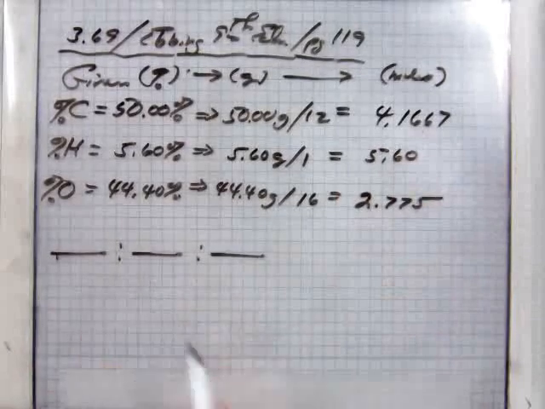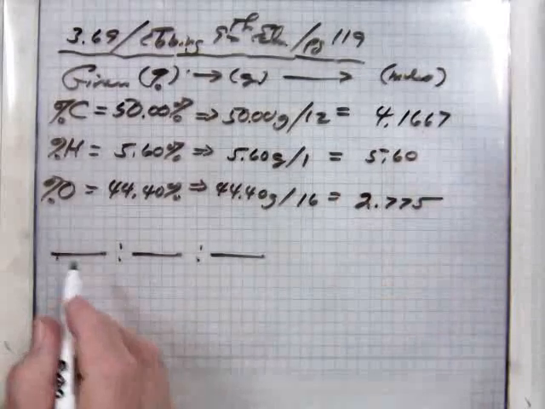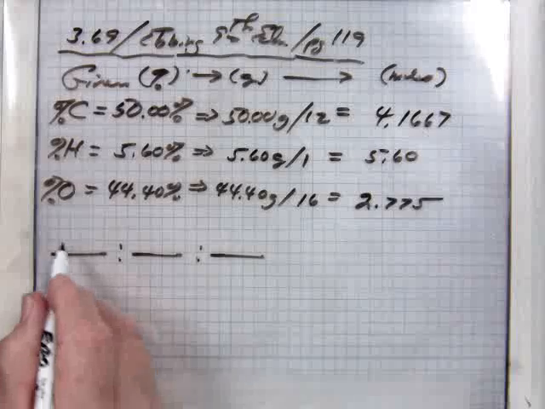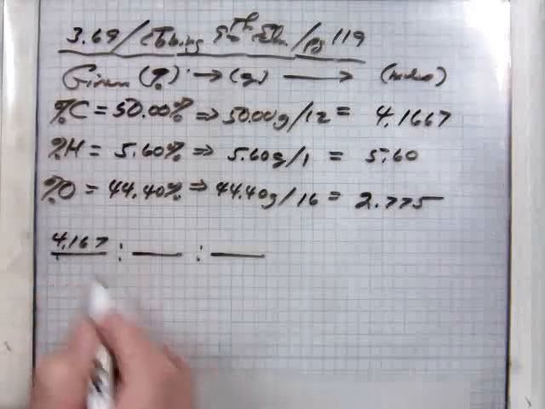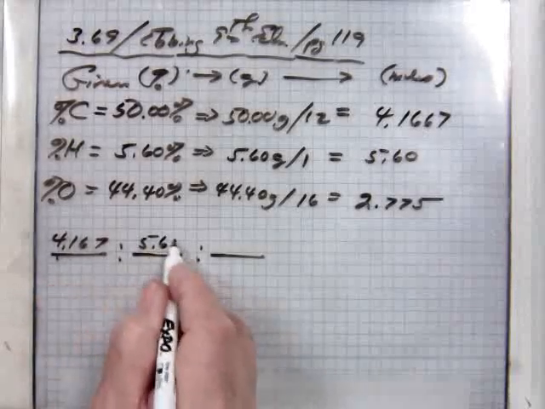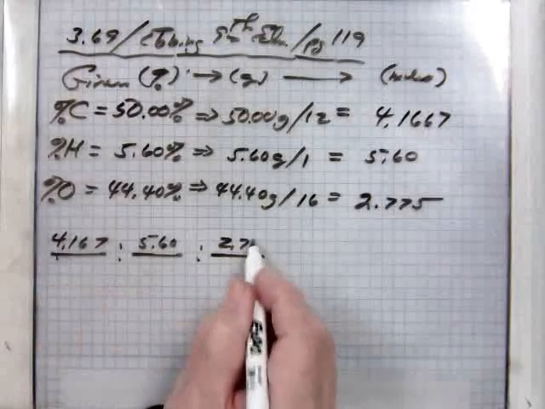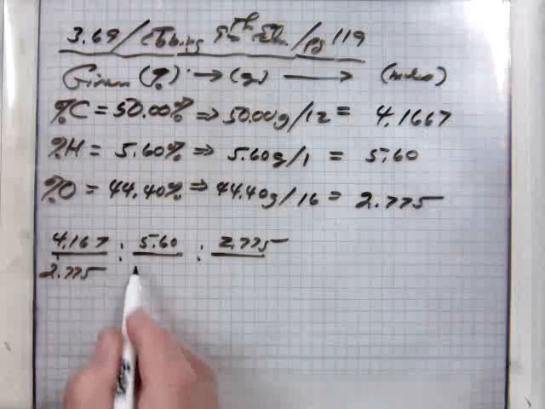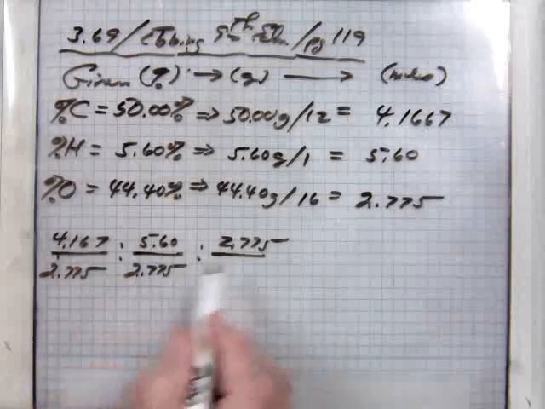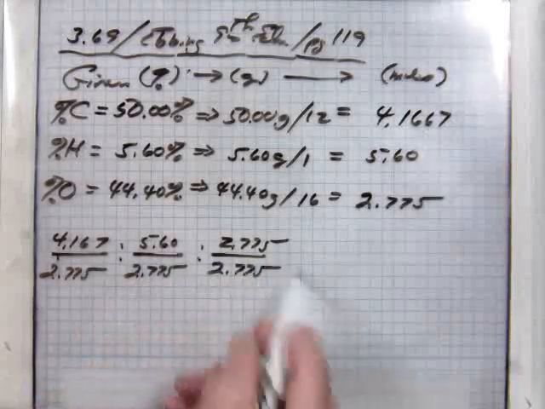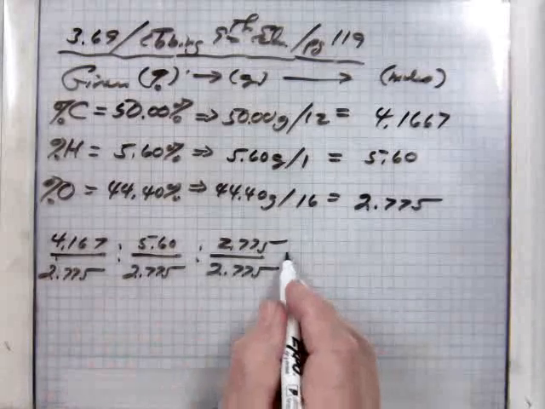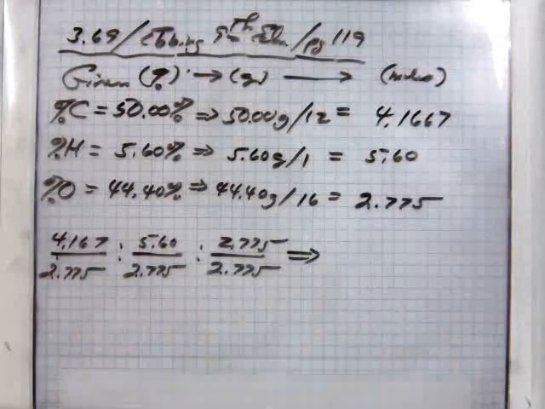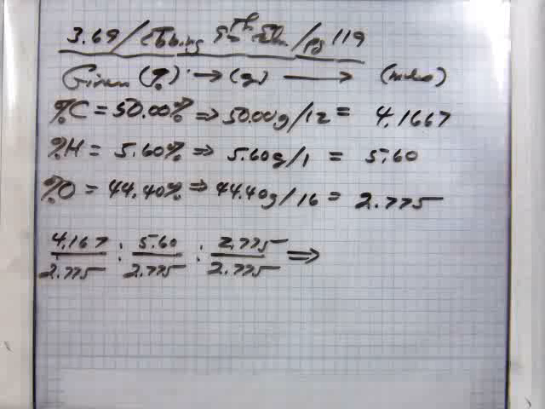So this is 4.167. We'll just keep it to 4.167, 5.60, and 2.775. So 2.775, 2.775, and this will reduce to your empirical ratio now.